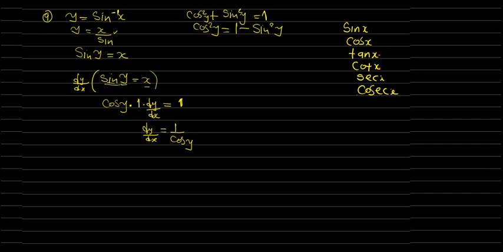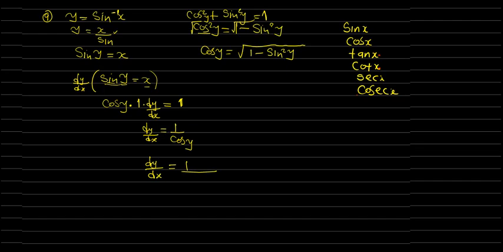Since this cos is squared, we introduce the root on both sides, so cos y is equal to the root of 1 minus sine squared y. So that means we'll go replace there. So dy dx is equal to 1 over this.